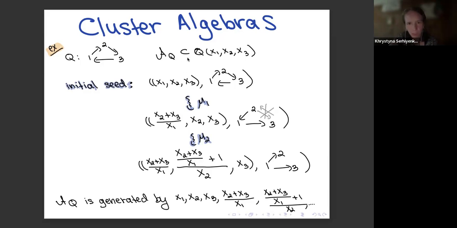It lies inside something smaller in between. But even then, it is not the entire thing. If it was always the entire thing, then this would not be very interesting. It never equals this ambient field.